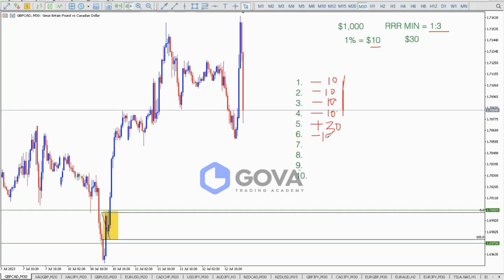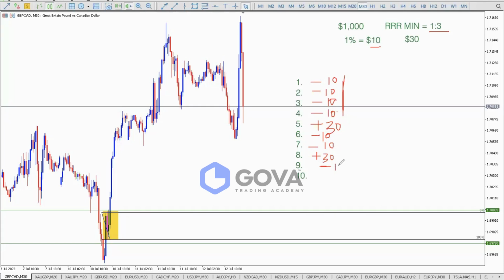On the 7th trade, I lose another $10. On the 8th trade, I make another profit of $30. On the 9th trade, I lose another $10. But on the 10th trade, I make a profit of $30.